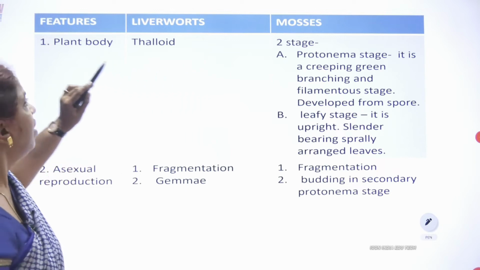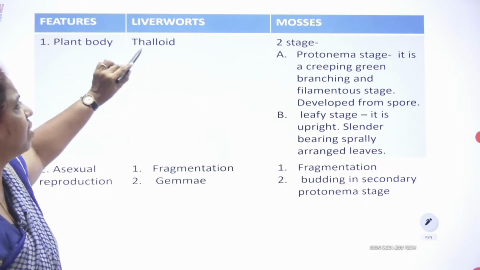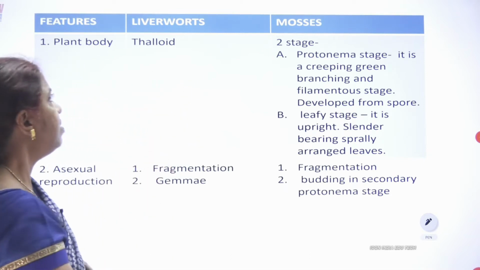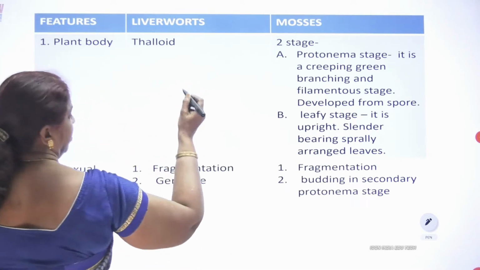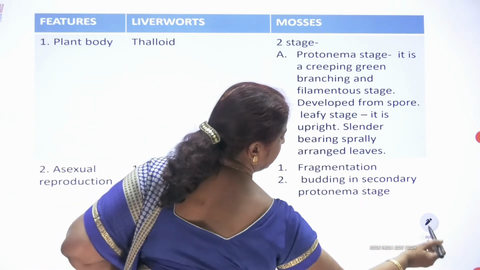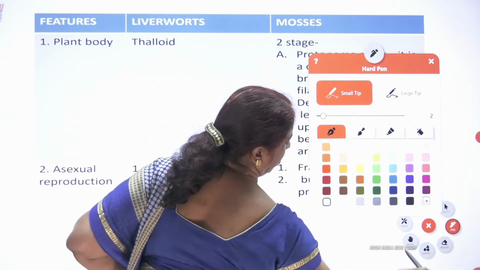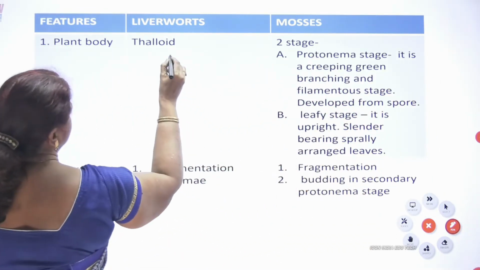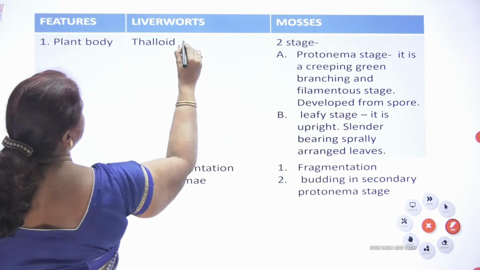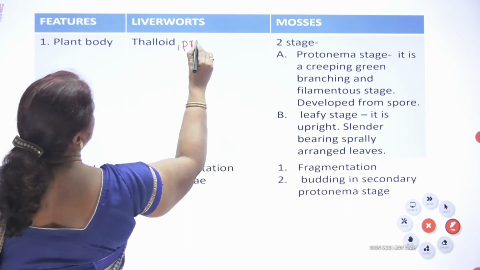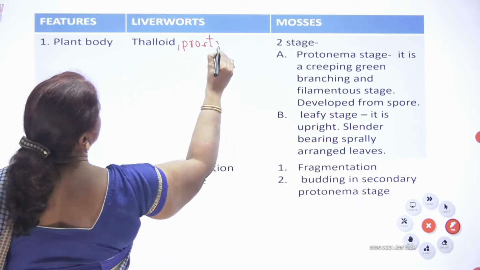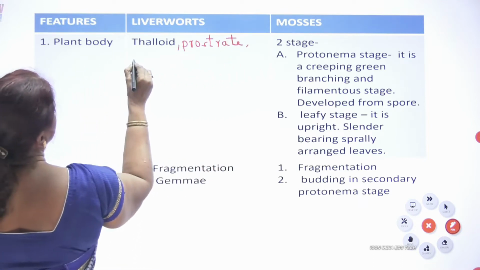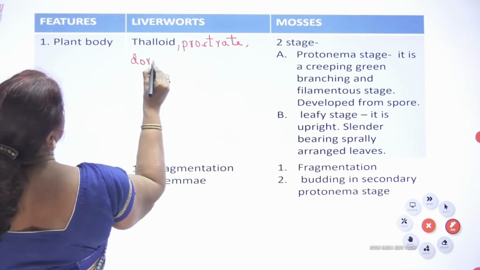In the case of the plant body, in liverworts it is thalloid. It consists of a thallus, which is thalloid, prostrate and dorsiventral.